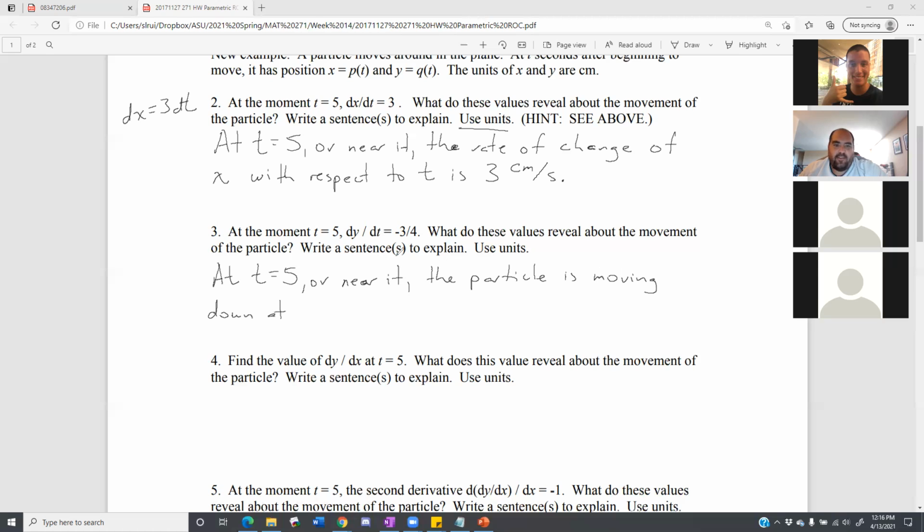Down? Yeah, absolutely. Yeah, I did negative. So we'll just go with convention. Positive y is up, negative y is down. So moving down at a rate of -3/4. But if it's going down, isn't it a positive rate? Yep, you're absolutely right. I thought it's just -3 because 4 is dt.